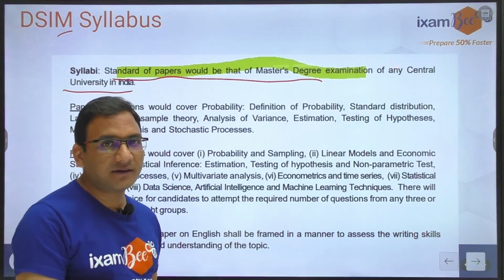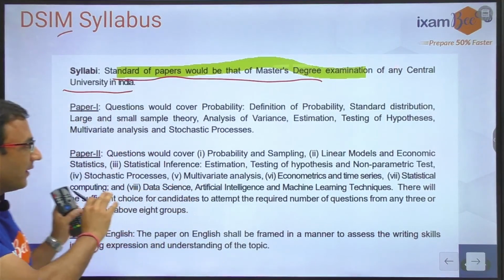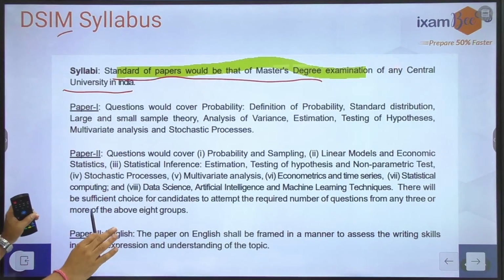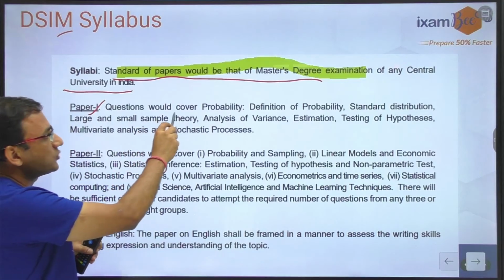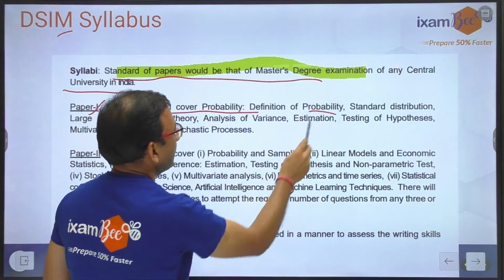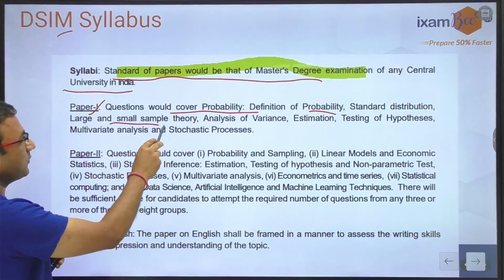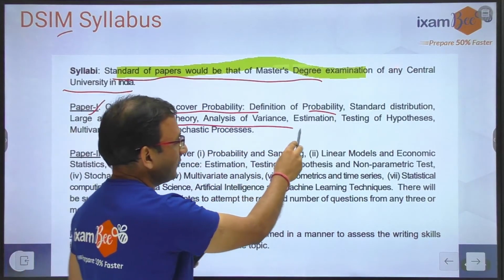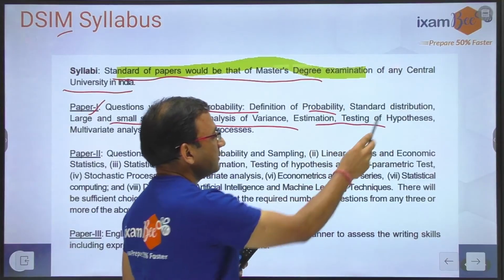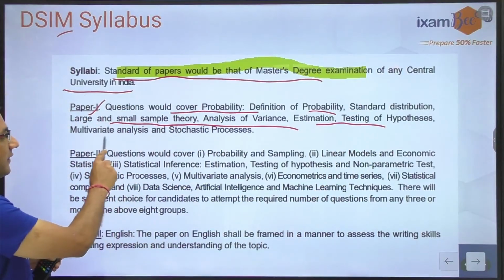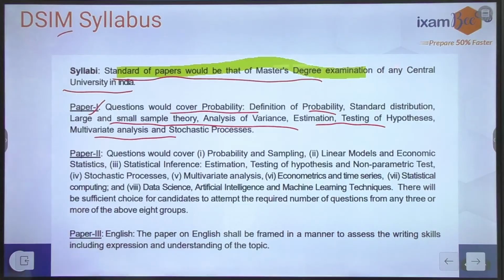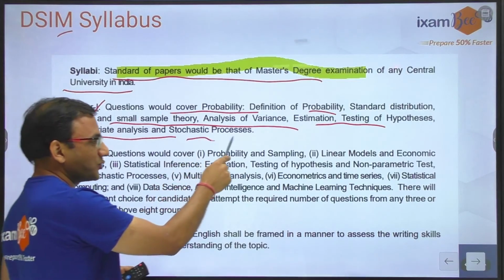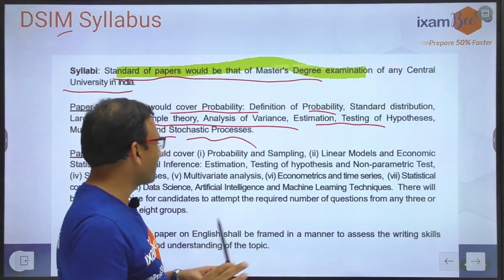So for DSIM, you have to be prepared that these are the indicative things. Like in Paper 1, questions will cover probability, definition of probability, standard distributions and small sample theory, analysis of variance, ANOVA, estimation, testing of hypothesis, multivariate analysis and stochastic processes. The last one is always important, right?